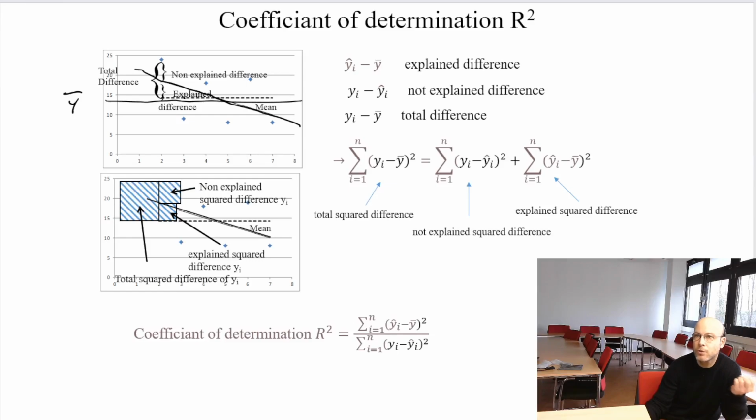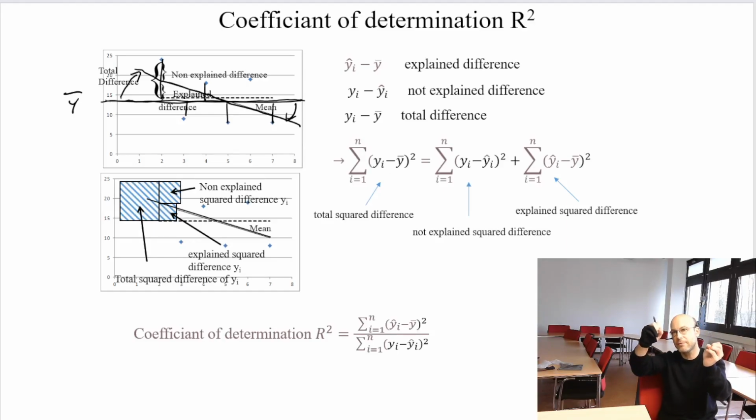And our total variance is the concept that we calculate all distances with respect to y bar. And then you can think that we now just switch the line with respect to which we calculate the distances, to the regression line.